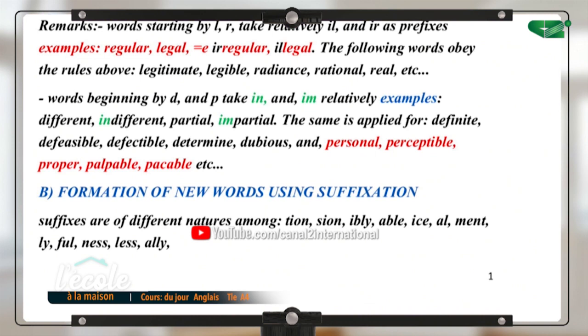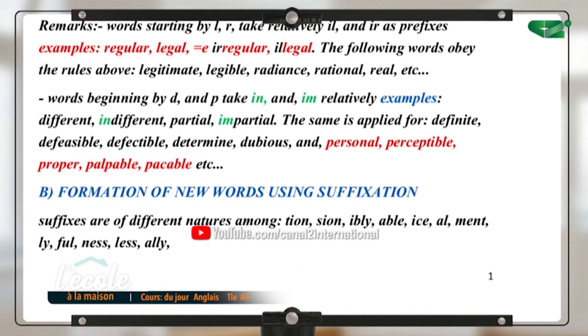Suffixes are of different natures among them: tion, T-I-O-N, sion, S-I-O-N, ible, I-B-L-E, able, A-B-L-E, ice, I-C-E, al, A-L, ment, M-E-N-T, ly, L-Y, ful, F-U-L, ness, N-E-S-S, less, L-E-S-S, and then ally, A-L-L-Y.